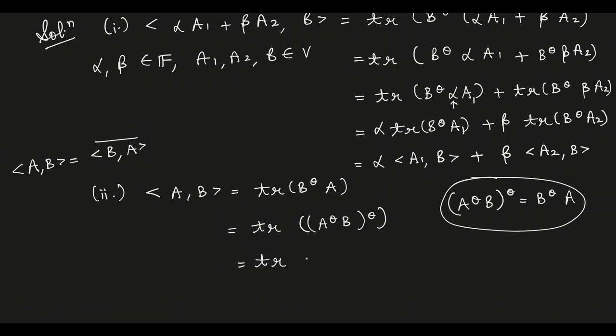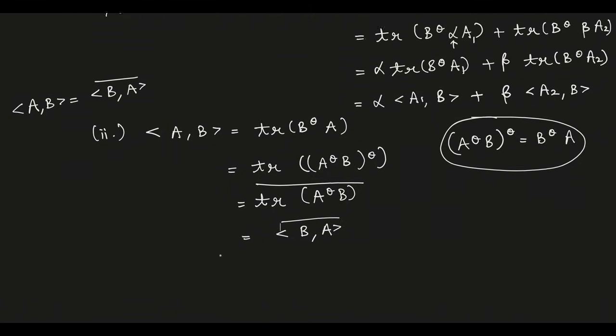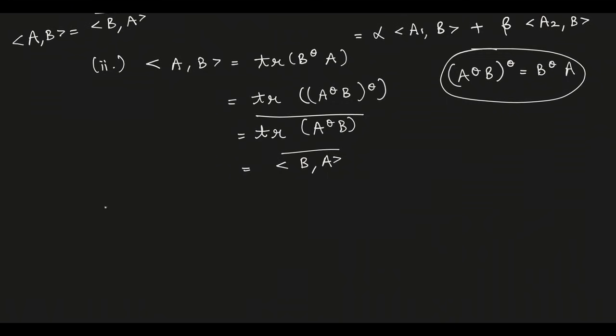So this will be trace of a theta b whole conjugate. This will be inner product of b comma a conjugate. Second property is also verified. Now let us verify third property.